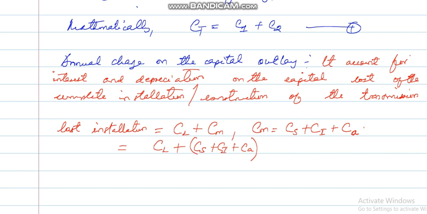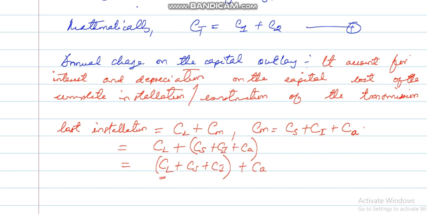Lakini sasa for given transmission line voltage tunaweza tukamodel hivi, tukazungumza CL plus CS plus CI plus CA, kwamba the cost of labor ni almost constant for a given transmission line voltage.